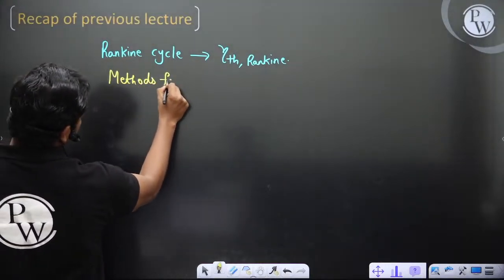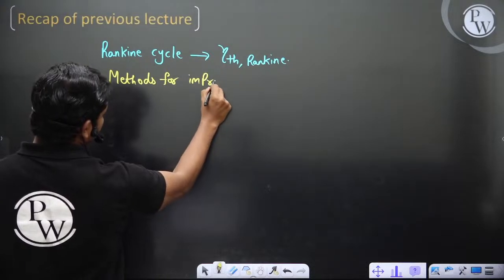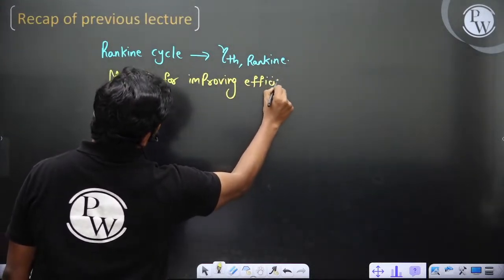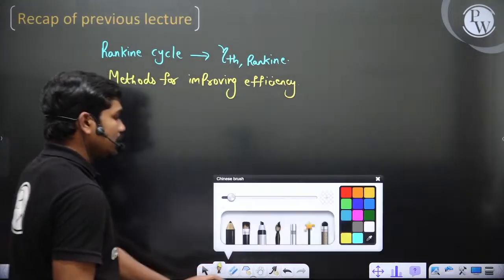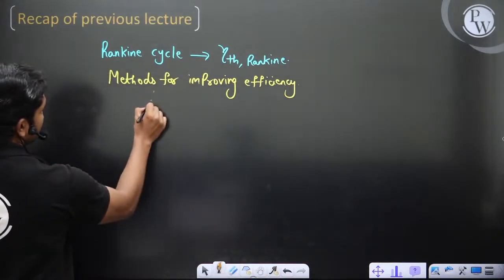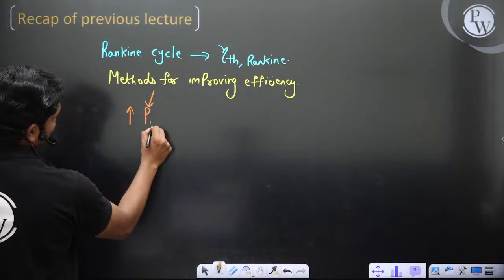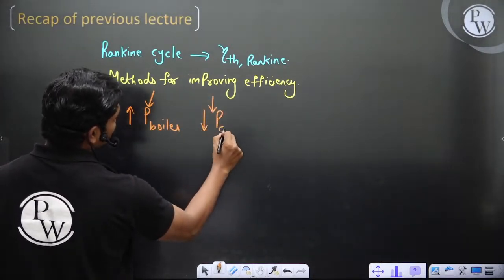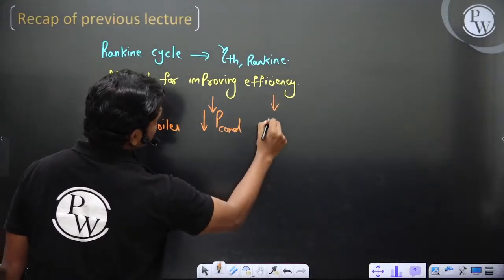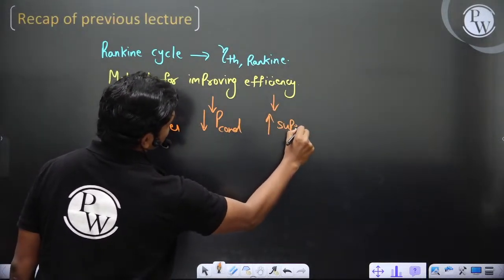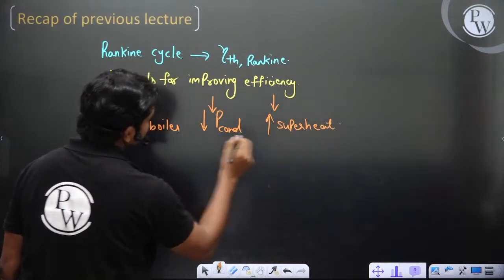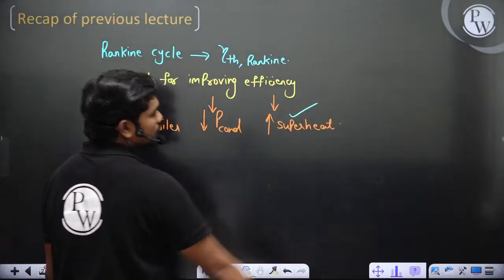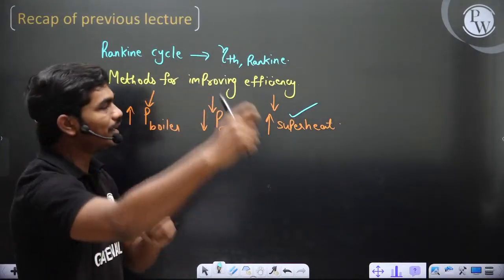We looked at three methods: increasing the pressure of the boiler, decreasing the pressure of the condenser, and increasing the superheat. The first two offer thermodynamic limitations, whereas there is only a metallurgical limitation here, so we adopted this and did the cycle with slight superheating of the steam.